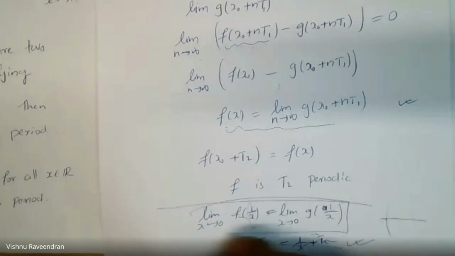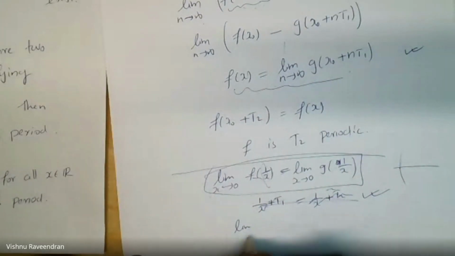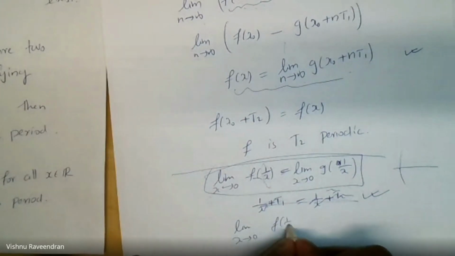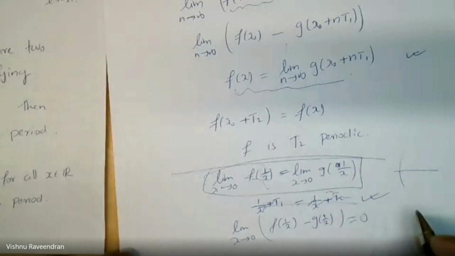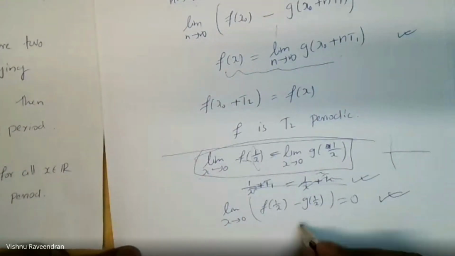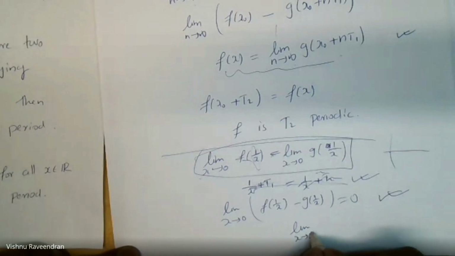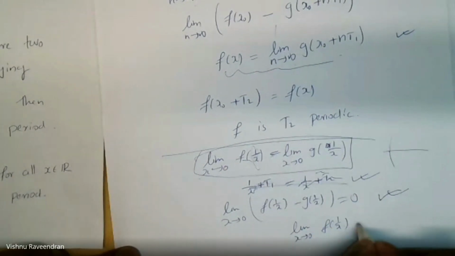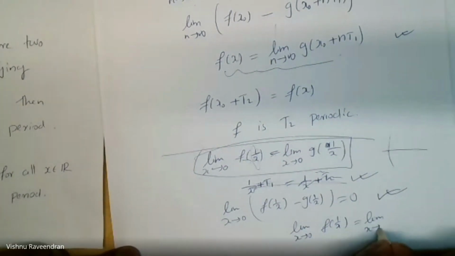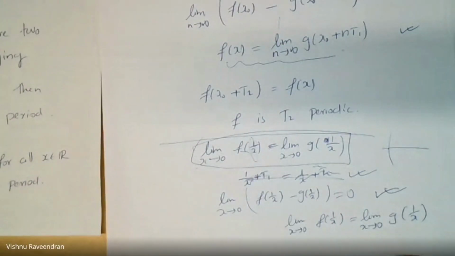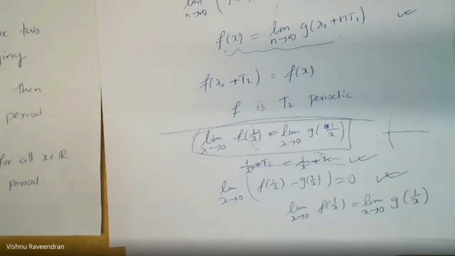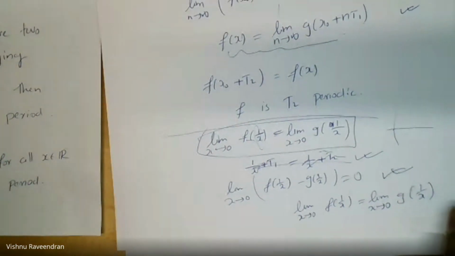You can write the limit as x goes to 0 of f of 1 by x minus g of 1 by x equal to 0. This you can write, but the limit as x goes to 0 of f of 1 by x equal to the limit as x goes to 0 of g of 1 by x, this we cannot write from this. Okay, because we cannot split it. Yeah, that's a good point actually. Thank you.